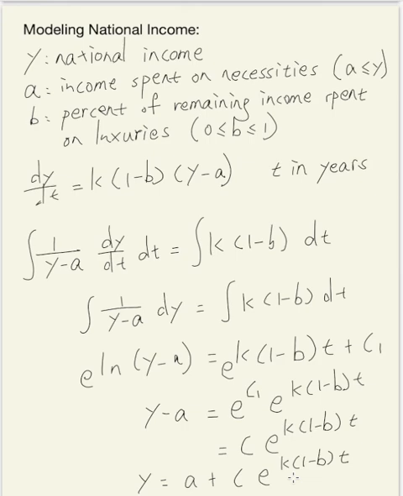It's the number of years. So as time goes on, t becomes large. So y either increases or decays exponentially, depending on the sign of k.